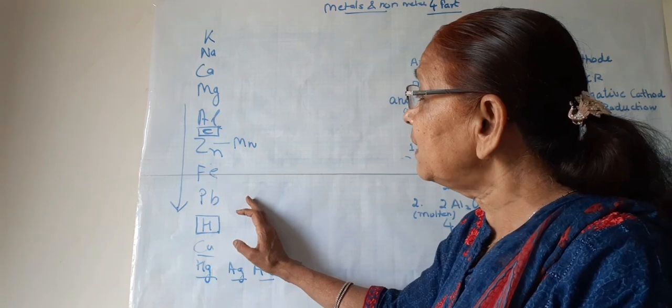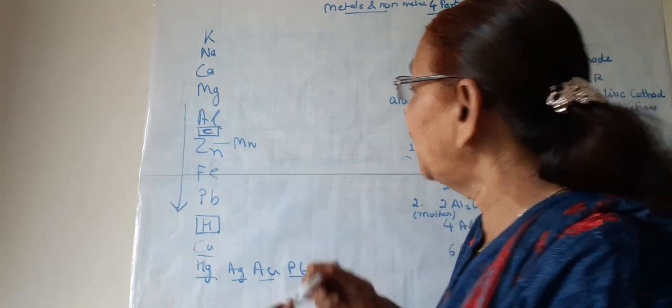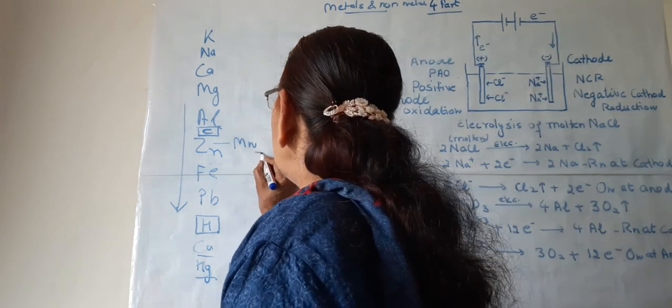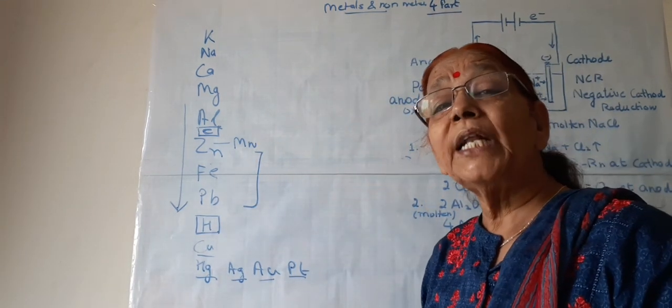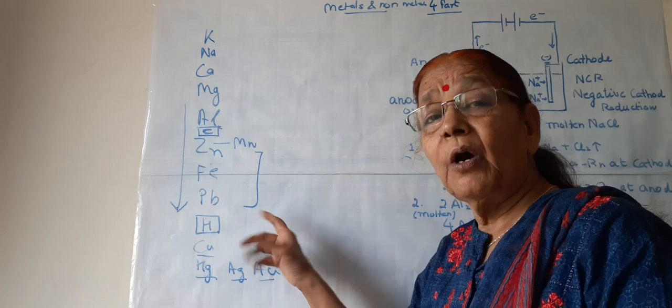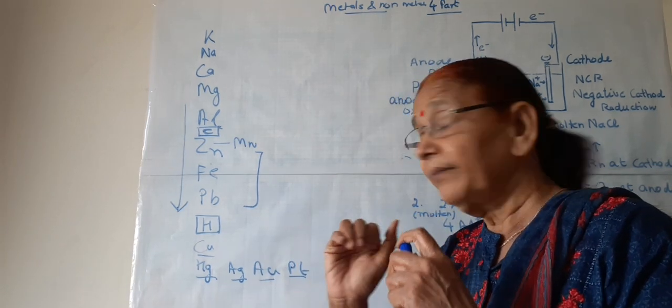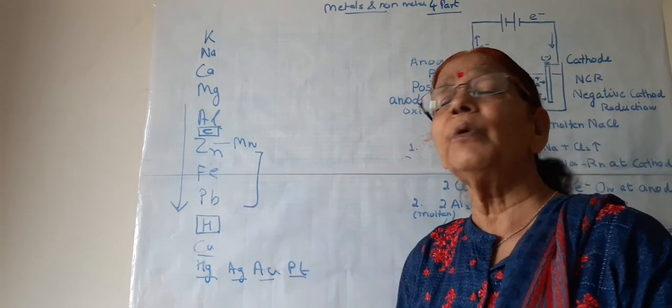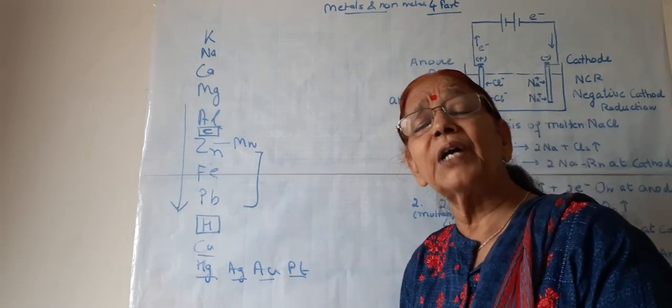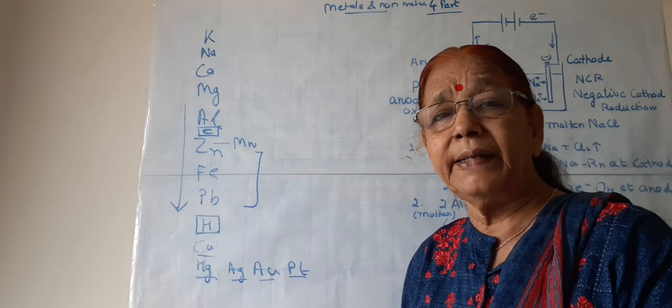Then what about these? These are the metals of middle order: zinc, iron and lead. They are moderately reactive, or they are in the middle. So these moderately reactive metals are found mostly in the form of carbonate and sulfide.